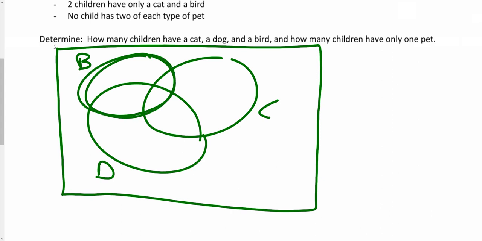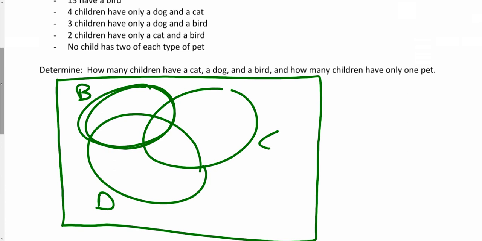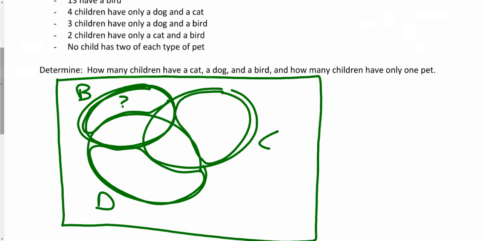We know the same for cats, and we know the same for dogs. But what we want to find out here is just the amount that have a bird, just the amount that have a cat, just the amount that have dogs. Okay, so we're looking for these numbers here. That's what we're trying to find.